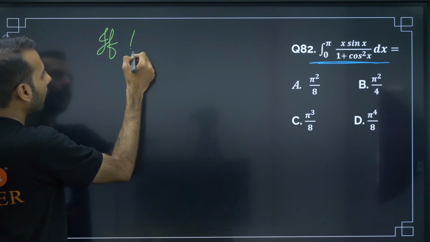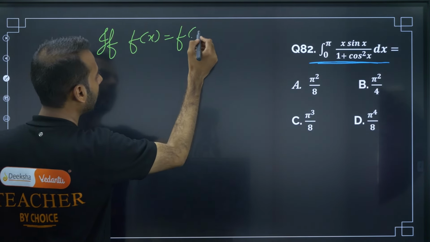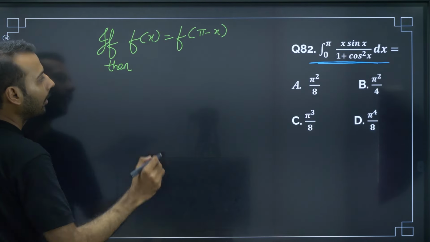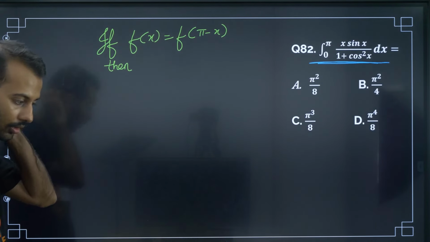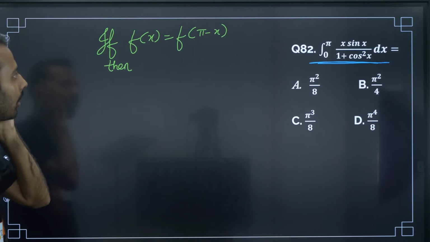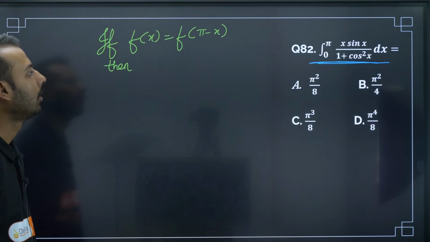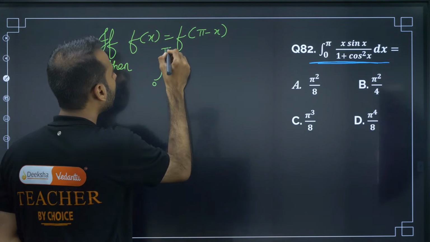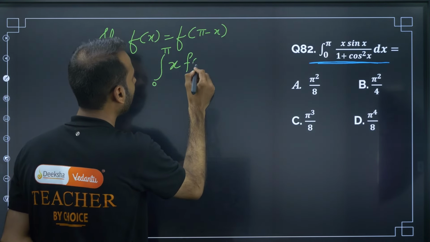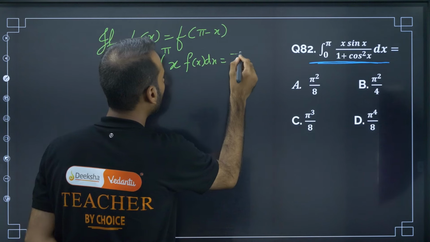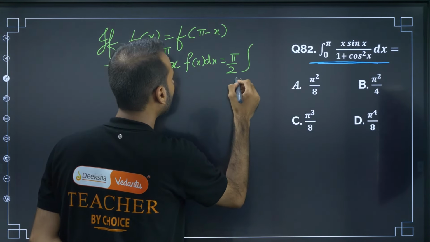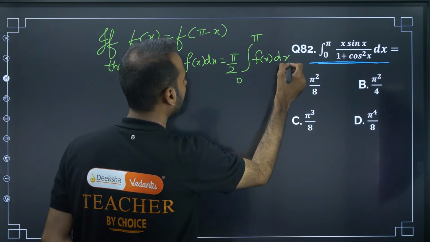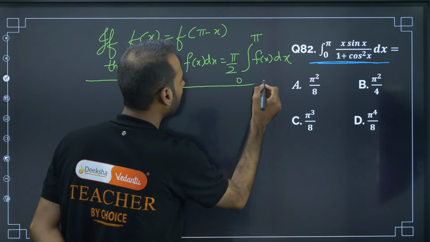If f of x is equal to f of pi minus x, then integral from 0 to pi of x f of x dx is equal to pi by 2 times integral from 0 to pi of f of x dx. This synopsis you should be knowing to solve this problem.